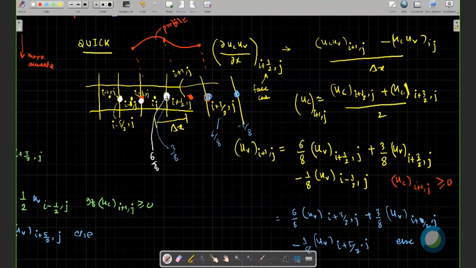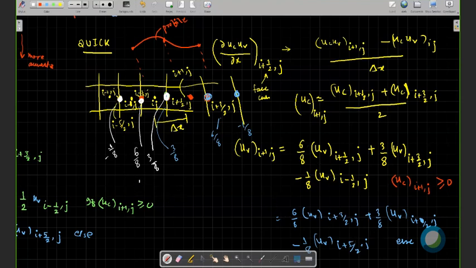This will get 3 by 8 weight, this will get 6 by 8, and this will get minus 1 by 8.